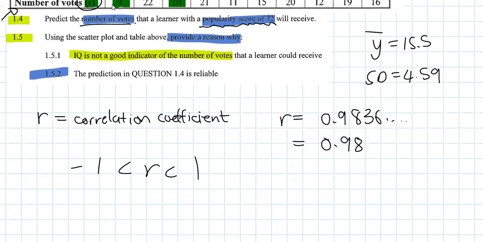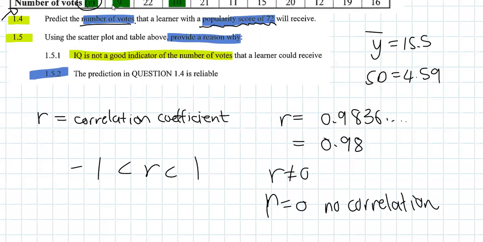It's between -1 and 1. If R equals 0, there's no correlation. So for example, this is a strong positive correlation because it's almost exactly 1. It's a very strong positive correlation.